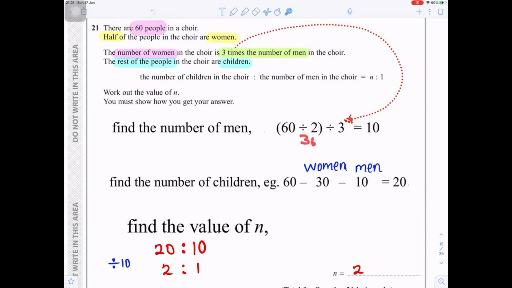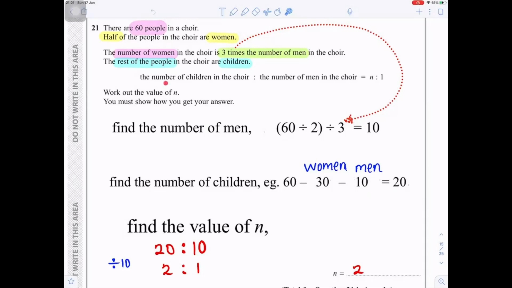So we do 30 divided by 3, it gives you 10. So there are 10 men. Find the number of children. 60 is total, minus the number of women, minus the number of men. It gives you 20. So there are 20 children.